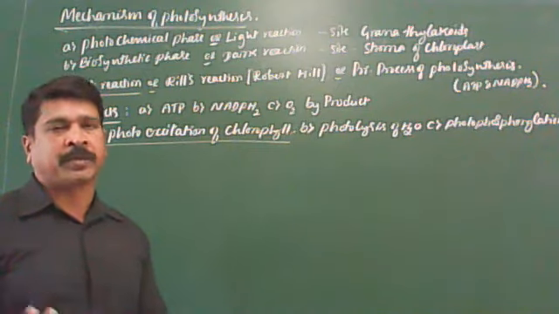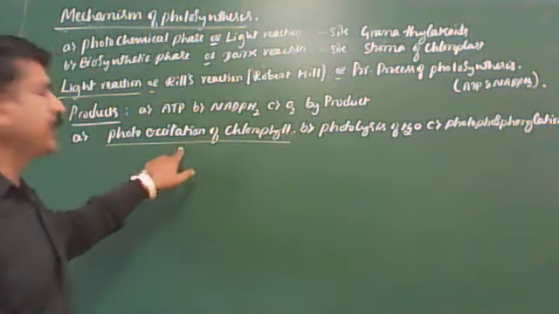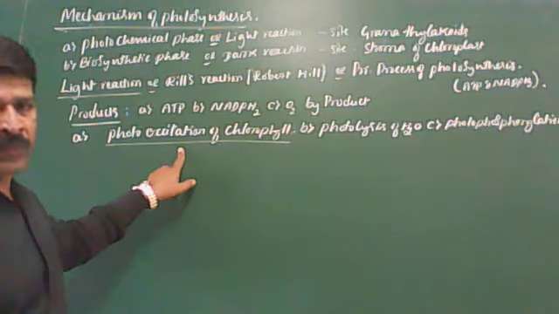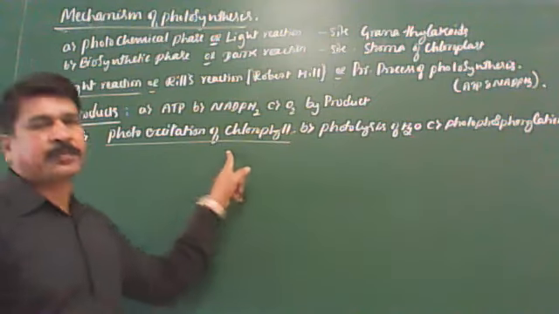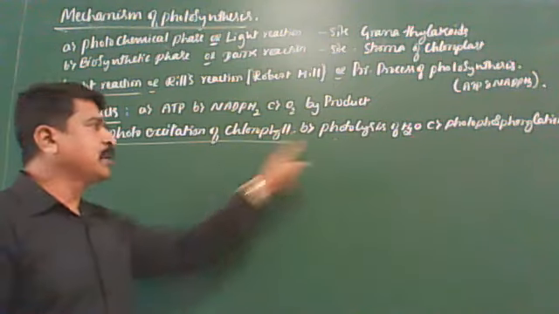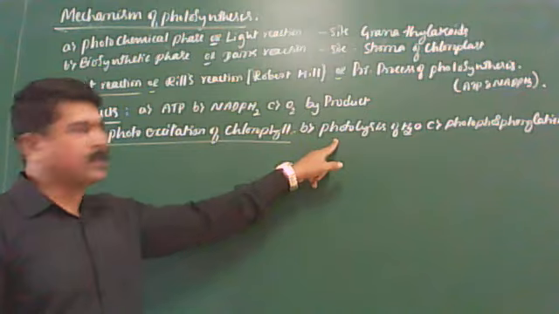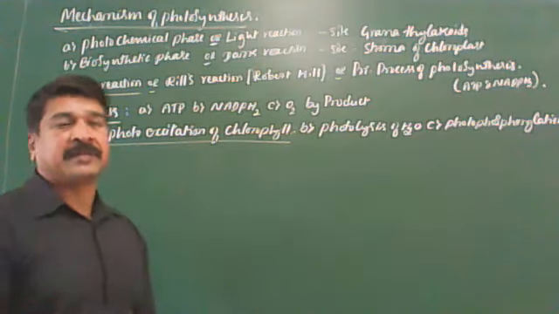This much you should remember. Now let us look at the photoexcitation of chlorophyll, the first step in the light reaction. Photolysis is the second step. Photophosphorylation is the third step.